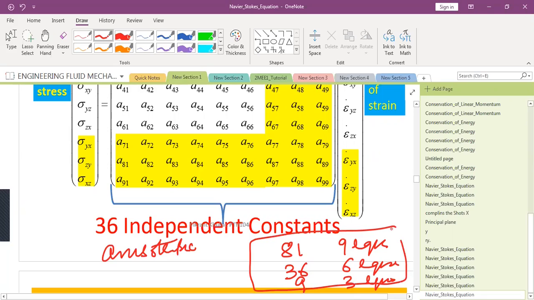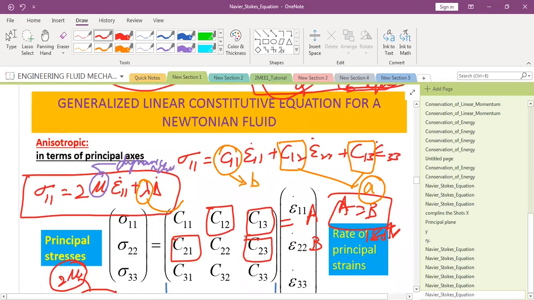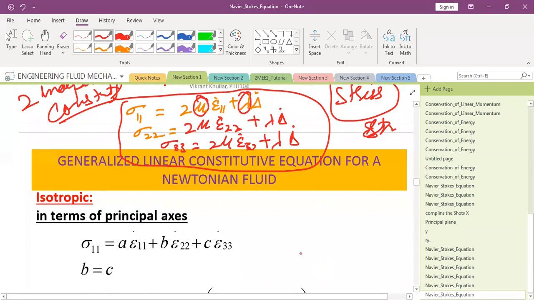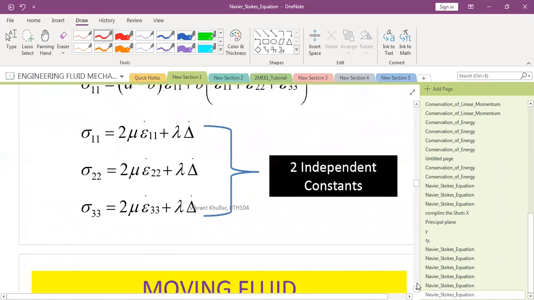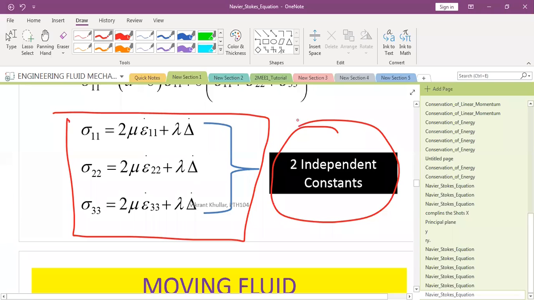But in all these cases, we were having a number of unknowns far more than the number of equations from which it is to be solved. It was only when we made this relaxation that we could end up in a more solvable equation. So this is now an equation in terms of two independent constants, that is mu and lambda.